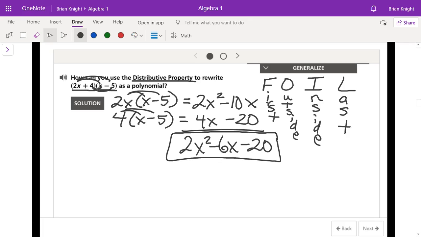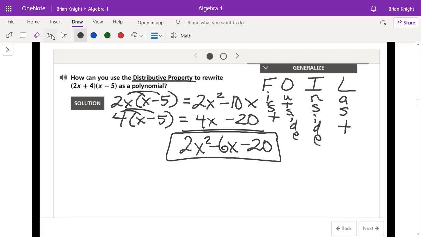So what are the first terms of this binomial? 2x and x. These would be the first two. The outside terms are 2x and negative 5. The inside terms are 4 and x. And then the last terms are 4 and negative 5. Again, if you want to do it that way, you can, but it's only good for a binomial times a binomial.